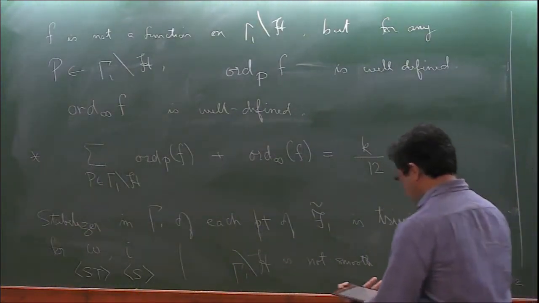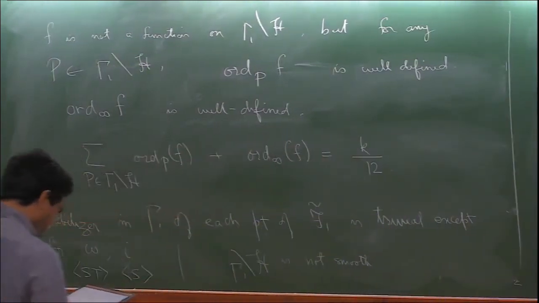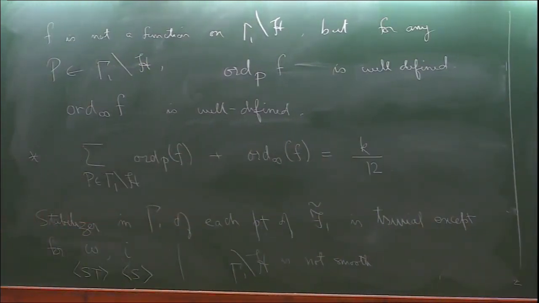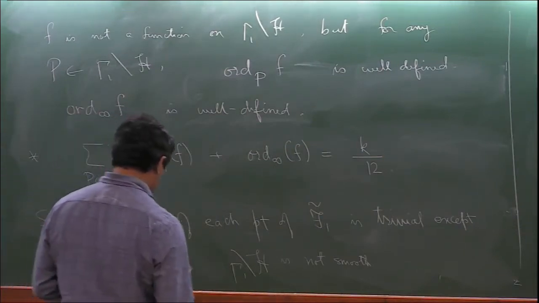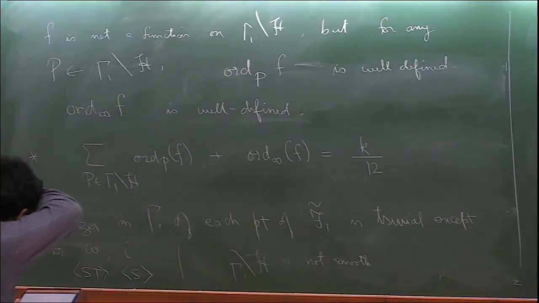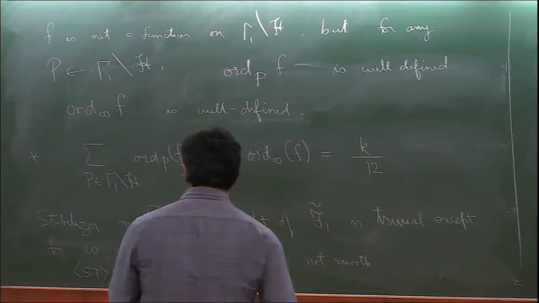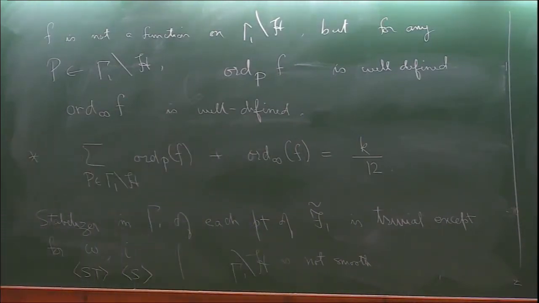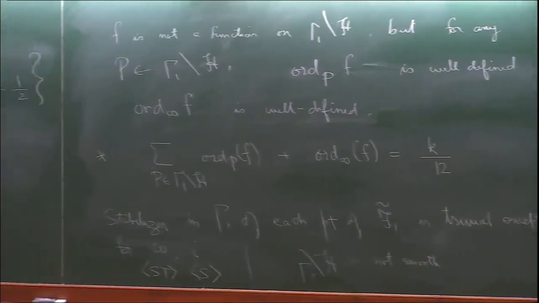Okay, so it's been half an hour. All right. So okay, what do I want to say about the proof? So what you do is you look at all the zeros of f in this region, and you remove a small disk around each zero.